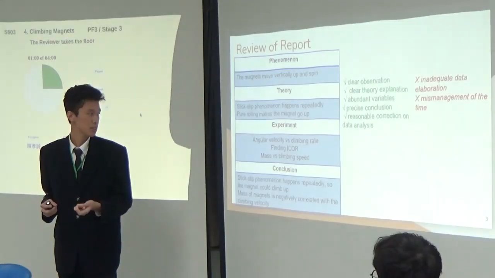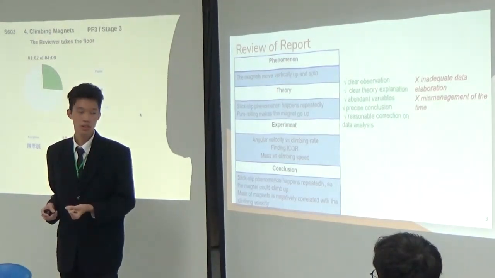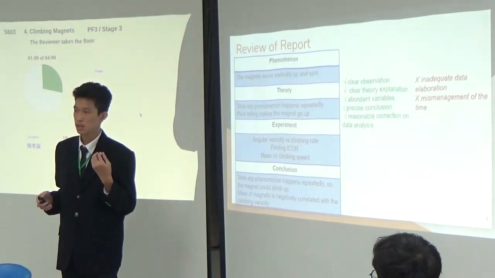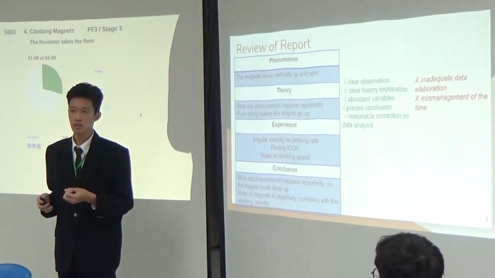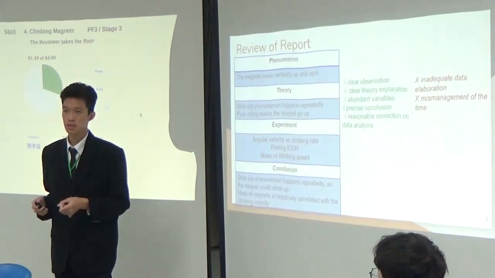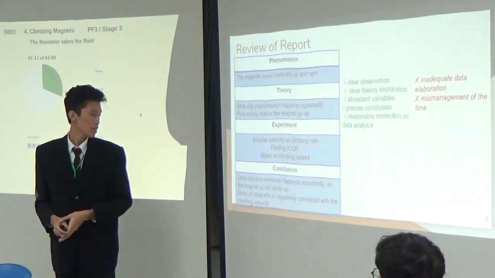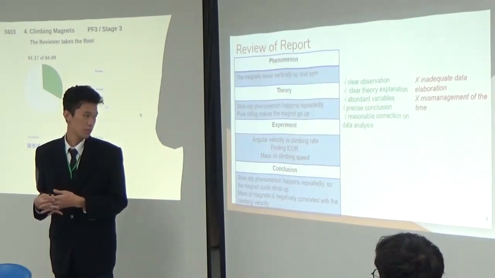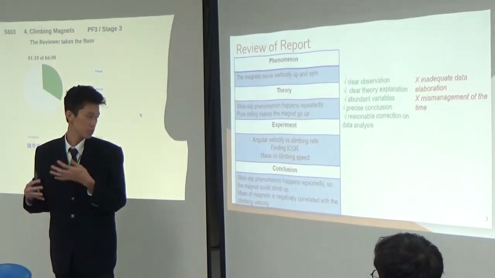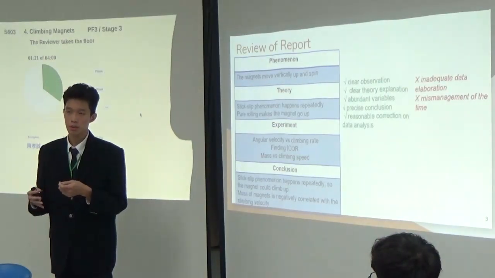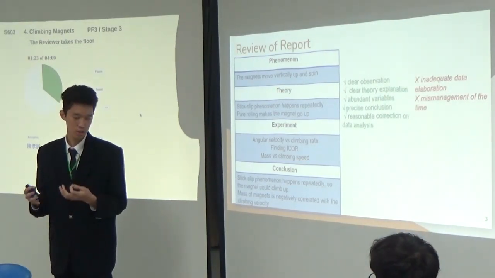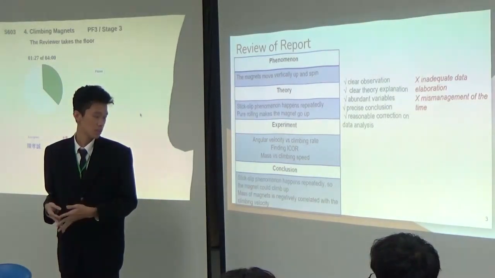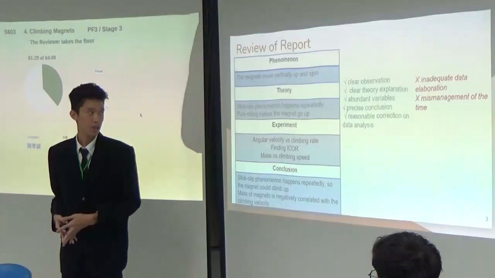In the experiment, they changed the angular velocity of the rod, and they also found the ICOR in their theory part. They also changed the mass to see if there's any difference in the climbing speed. The conclusion is that the stick slip phenomenon happens multiple times, so the magnet is able to climb up continuously, and the mass of the magnet is negatively correlated with the climbing velocity.